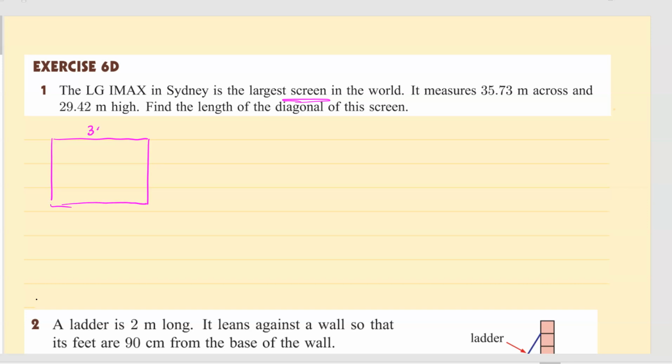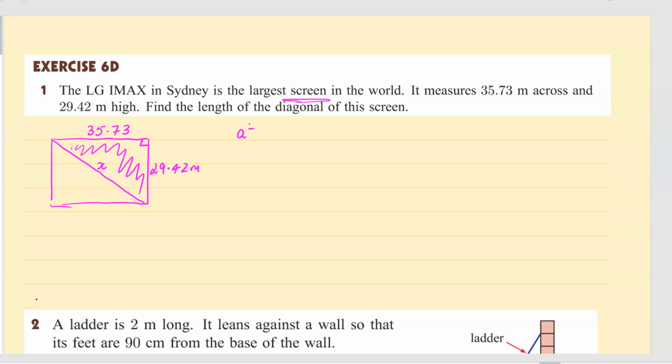So we've got 35.73 here and 29.42 metres there. Sorry for the mess. And of course, they're asking you to find this value here. So if we focus on our triangle, once again, it's good old Pythag to the rescue.